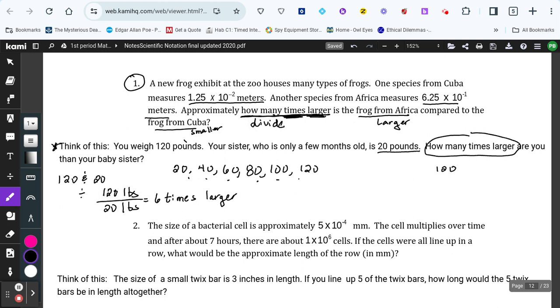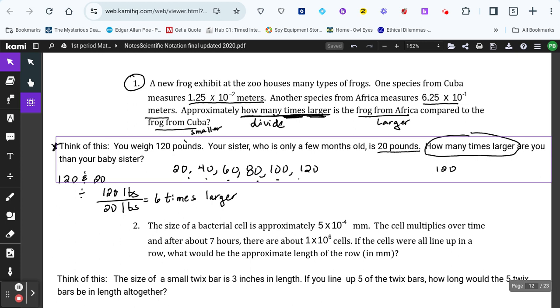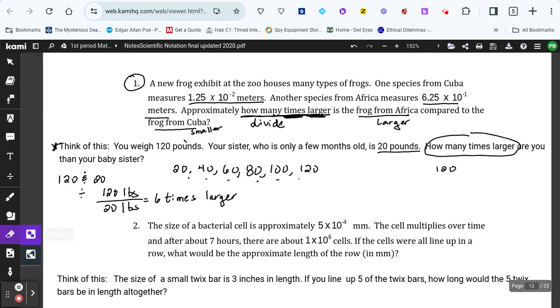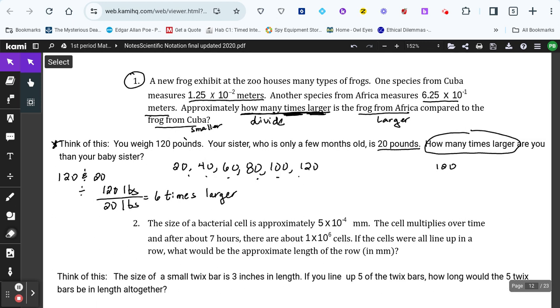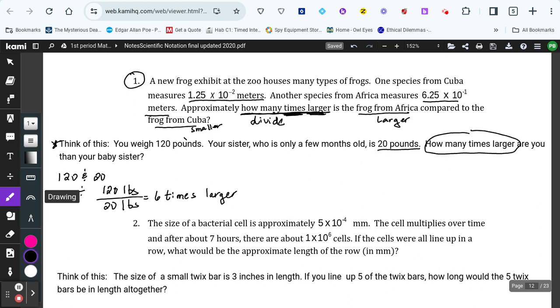Now, when you divide, guys, let me get rid of this. When you divide, make sure you put the larger number first. I just want to get rid of this portion. So if you look, and we're putting the larger number first, let's take a look at these numbers in scientific notation.